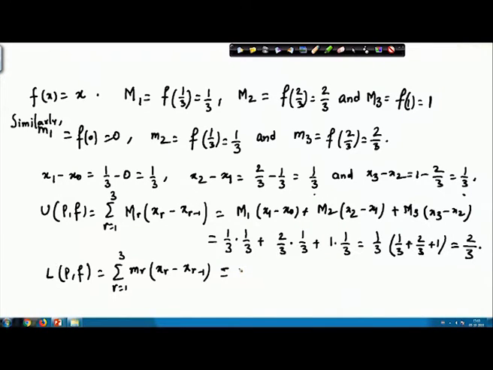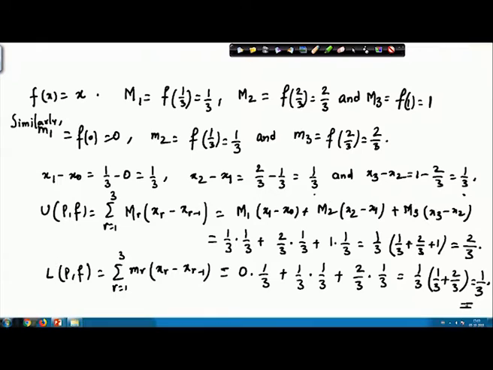Our small m1 is 0 and x1 minus x0 is 1/3, plus small m2 is 1/3 and x2 minus x1 is again 1/3, then small m3 is 2/3 times 1/3. So we can take 1/3 common, this is 0 plus 1/3 plus 2/3. So ultimately we will get 1/3.